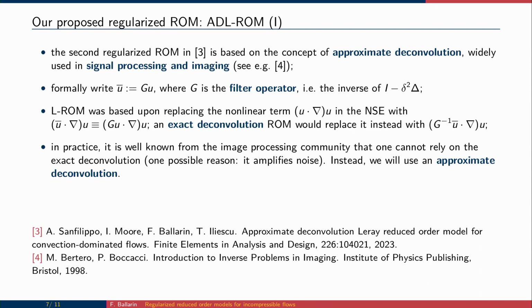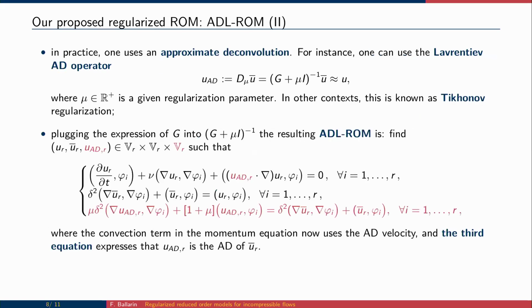So a reduced order model based on a deconvolution would replace again the nonlinear term in the momentum equation with a term that looks like G to the minus 1 applied to U bar, dot grad U. However, in practice, you wouldn't really want to use G to the minus 1, for instance, because it would amplify noise. Instead, our proposal is to use an approximate deconvolution.